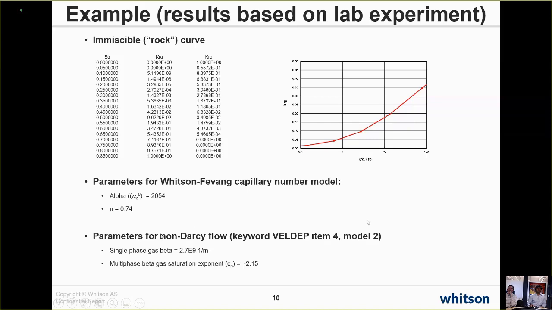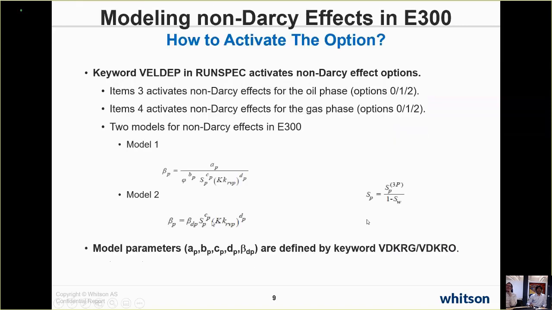Then the non-Darcy flow beta parameter for single phase gas is 2.79E9. Based on the beta measurement in the presence of immobile oil, after matching, we got a saturation exponent of minus 2.15, which is CP.